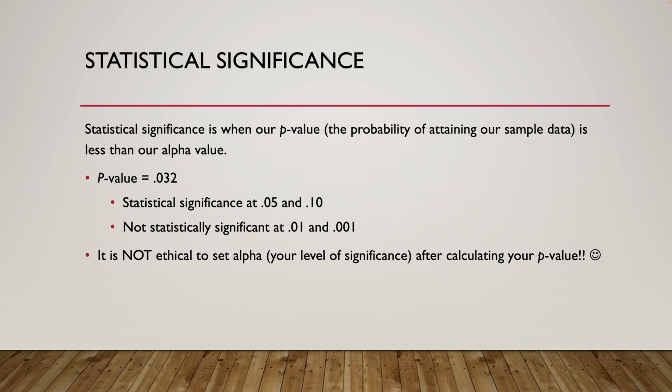We would have a statistically significant result if our alpha was 0.05 or if our alpha was 0.10. We would not have a statistically significant result if our alpha level was 0.01 or 0.001 because the p-value is higher than alpha. It is not ethical midstream in the middle of the game to change your alpha.